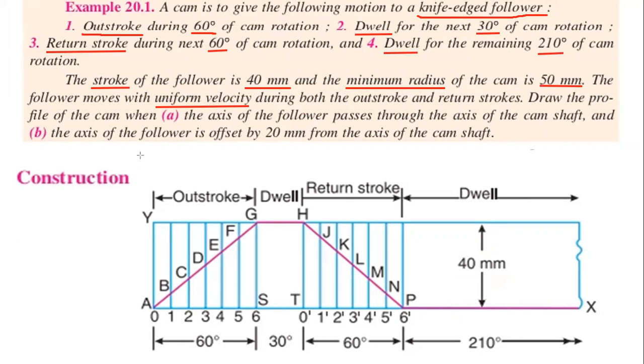Draw the profile of the cam when the axis of the follower passes through the axis of the camshaft. So this is the general one. And next they have given that the axis of the follower is offset. So they have given the offset condition also. So we need to draw these cam diagrams for the general model and the offset model.